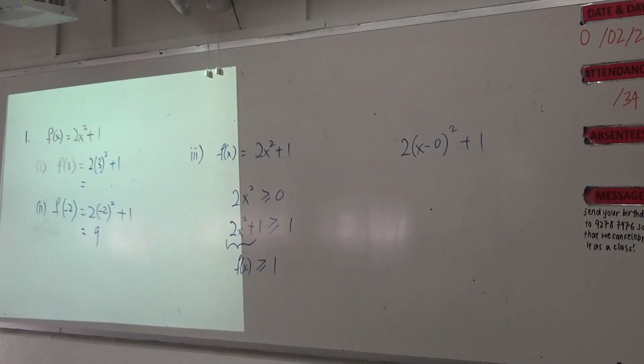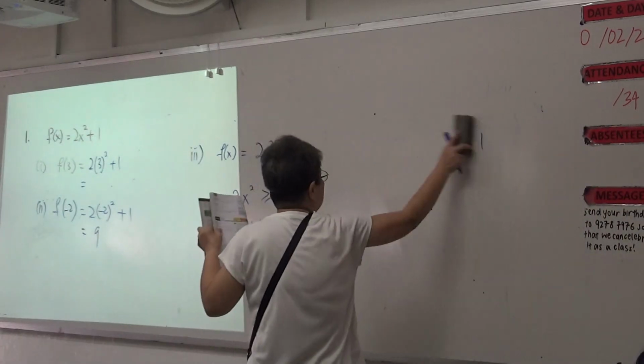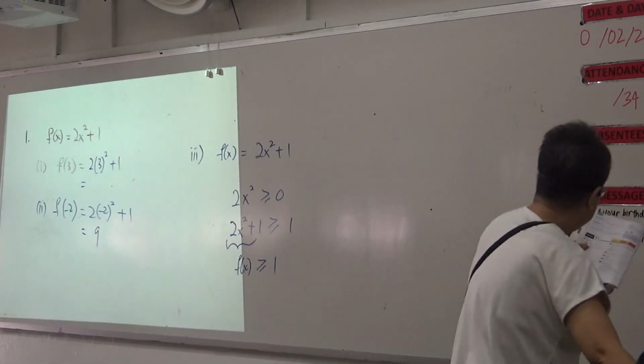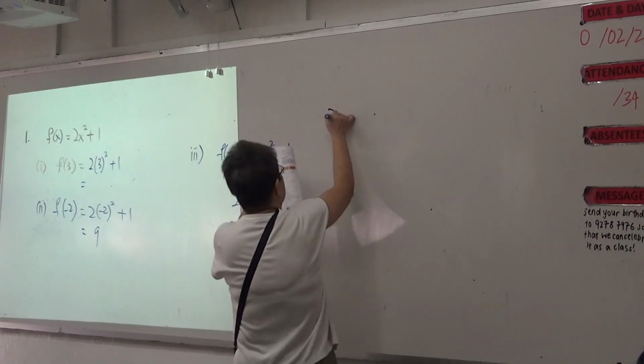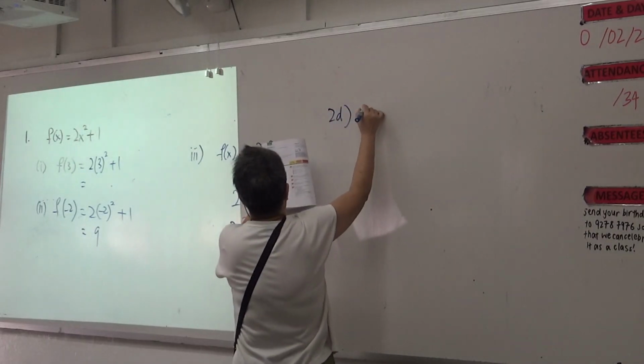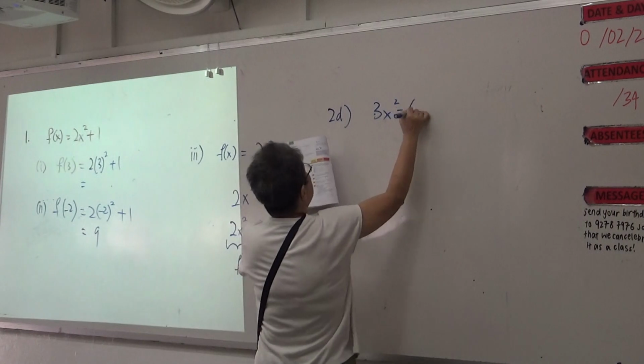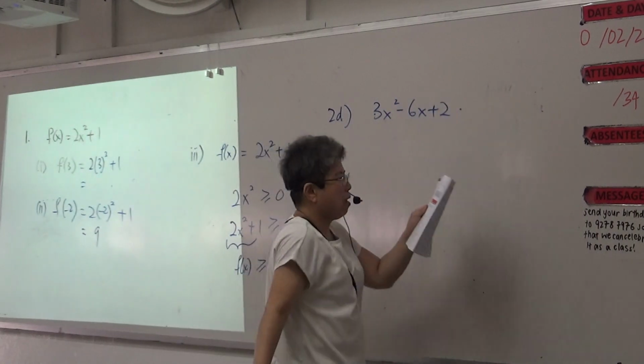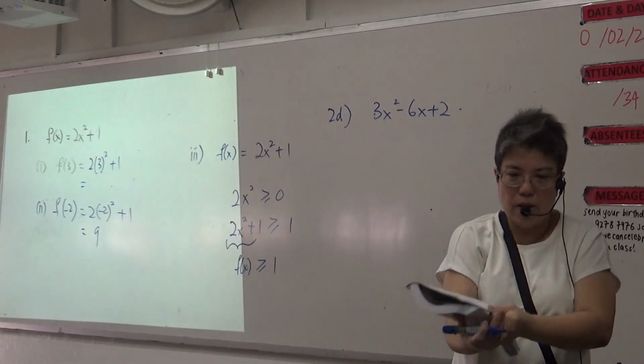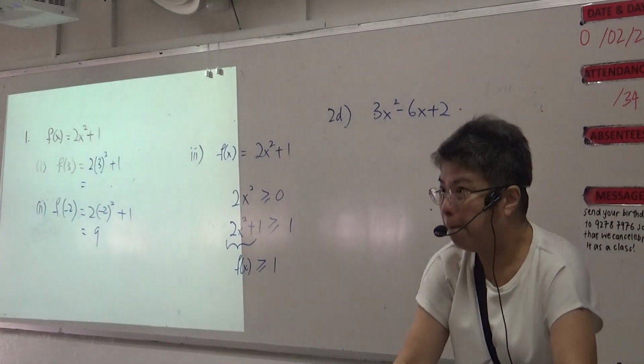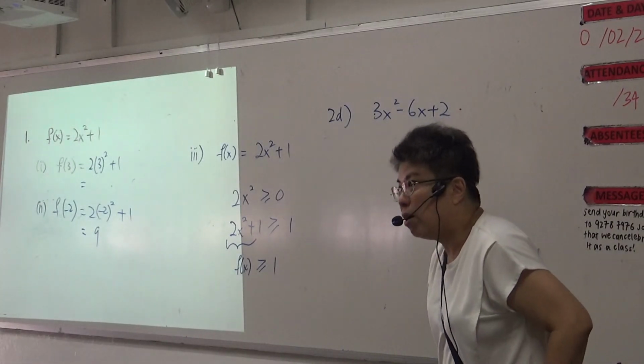Next, can we look at question 2D? I want you to write down this first: minus 6x plus 2. They want this in completed square form. Can see it now?